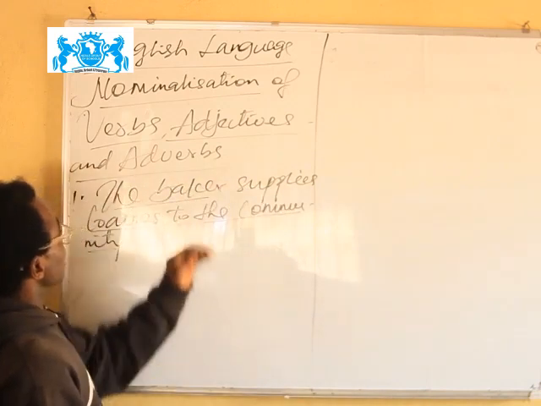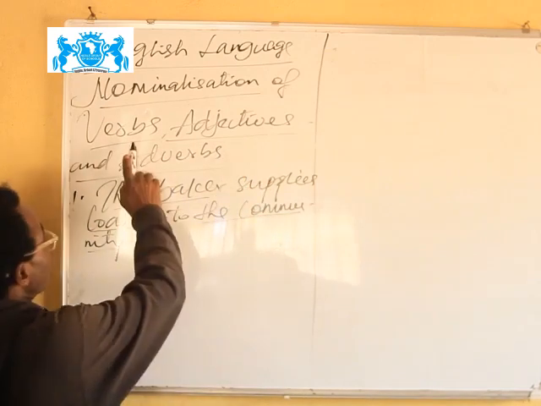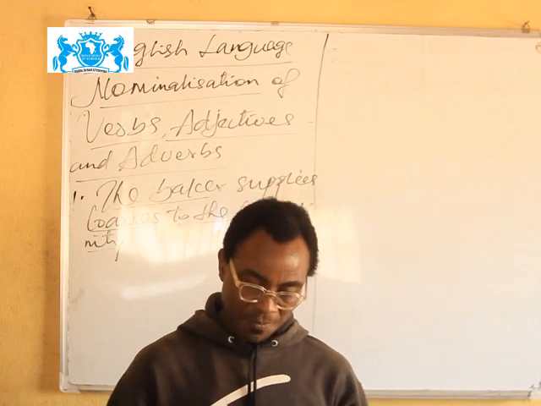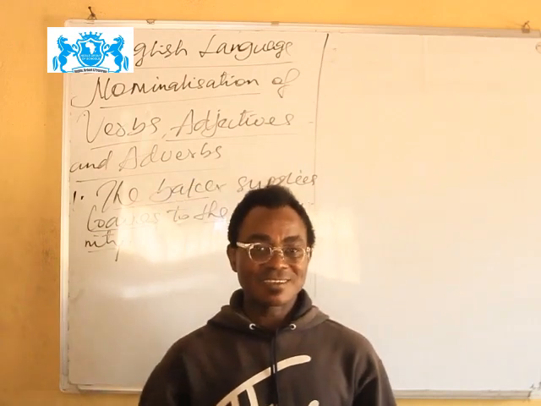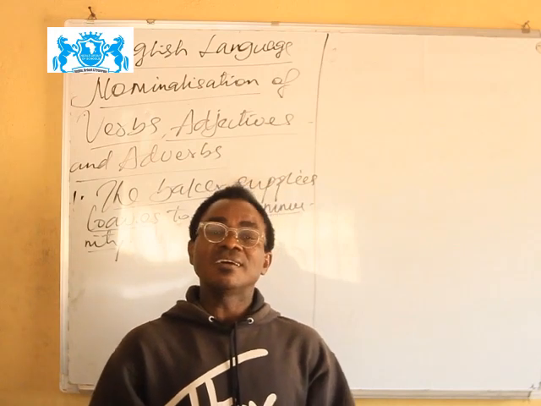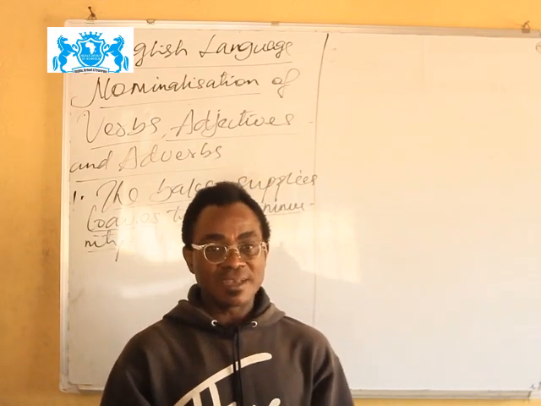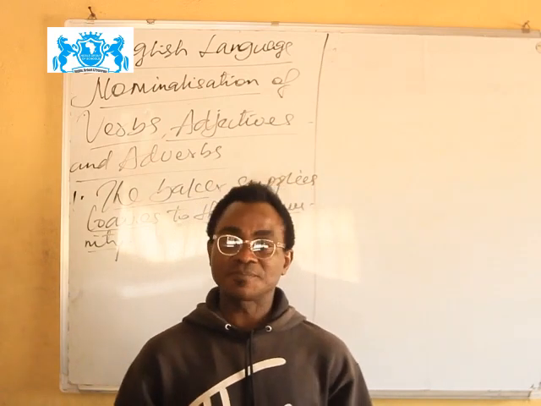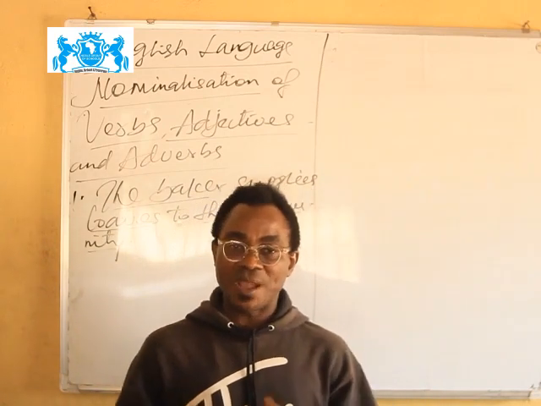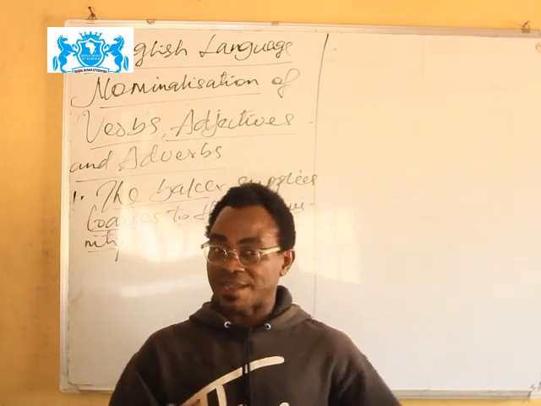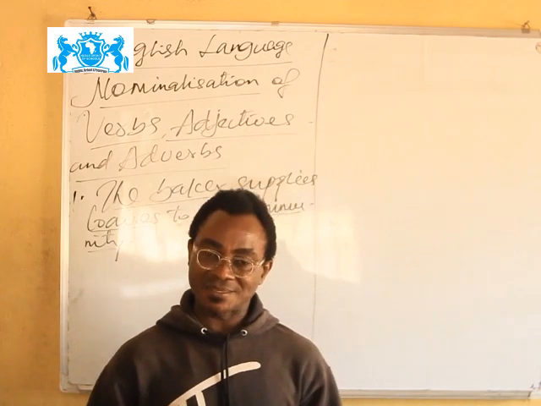Deriving nouns from adjectives, deriving nouns from verbs, and deriving nouns from adverbs. Nominalization is one of the fields in English language that are referred to as syntax. It has to do with developing skill in the manipulation of words, skill in the combination of words in different varieties in order to make sense.